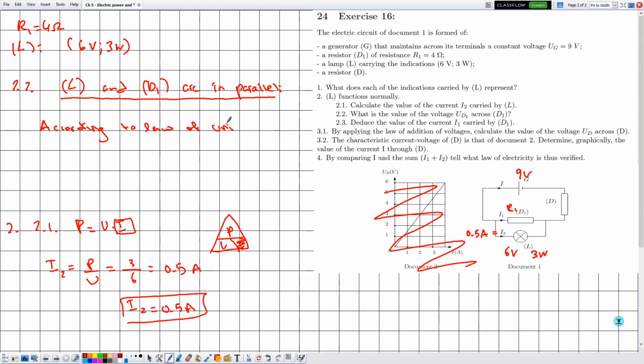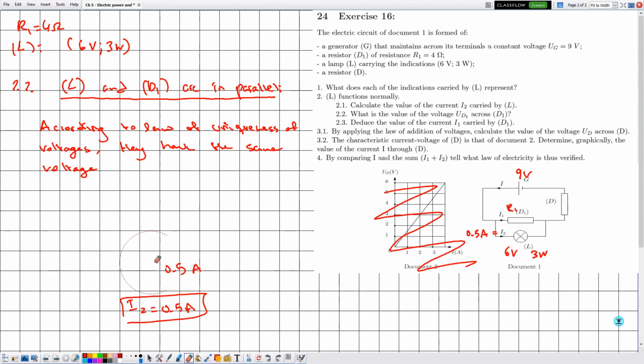So, by uniqueness of voltages, they have the same voltage. In this case we can say that the voltage UD1 is equal to UL is equal to 6 volts.